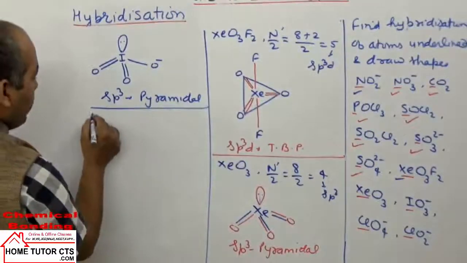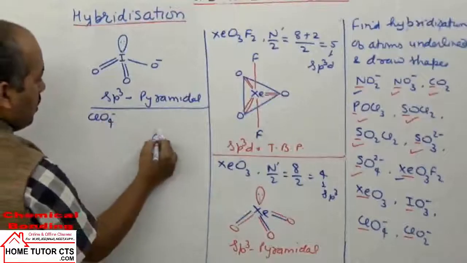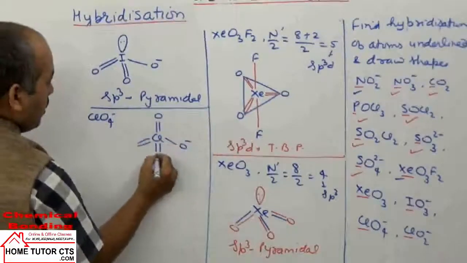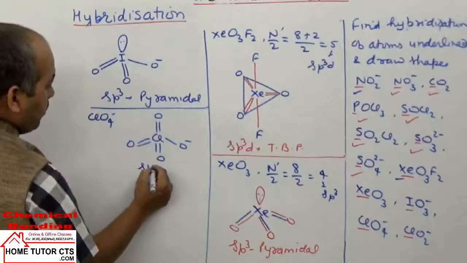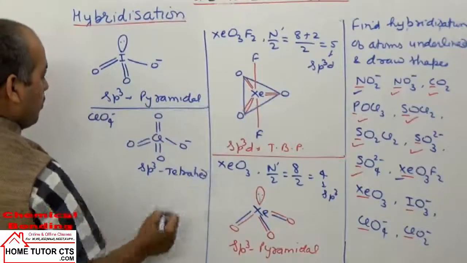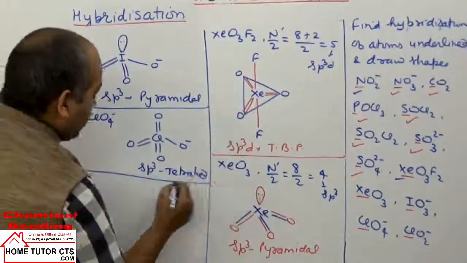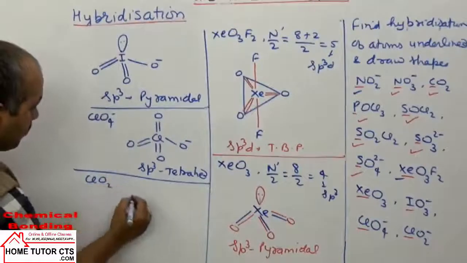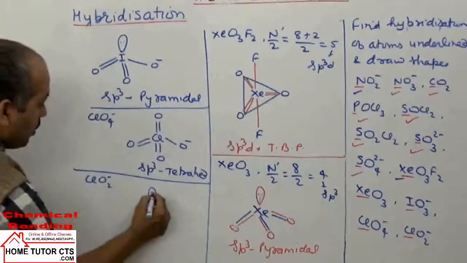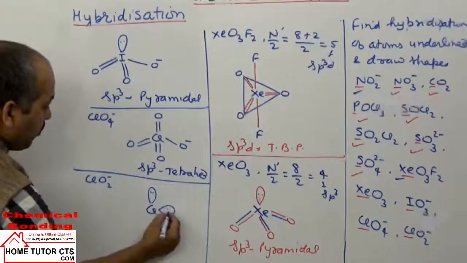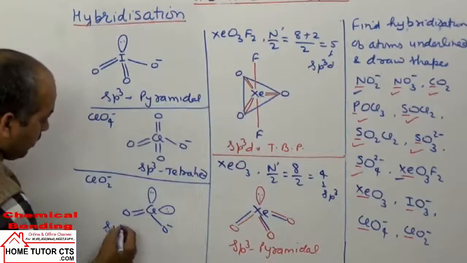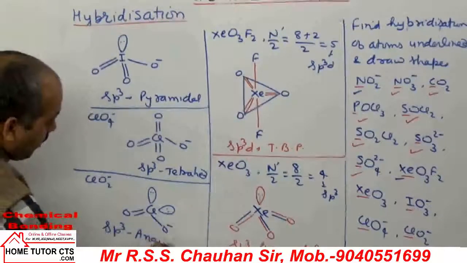In ClO4 minus, hybridization sp3, shape tetrahedral. ClO2 minus. In ClO2 minus, it has 2 lone pairs. Hybridization same sp3 but shape angular.